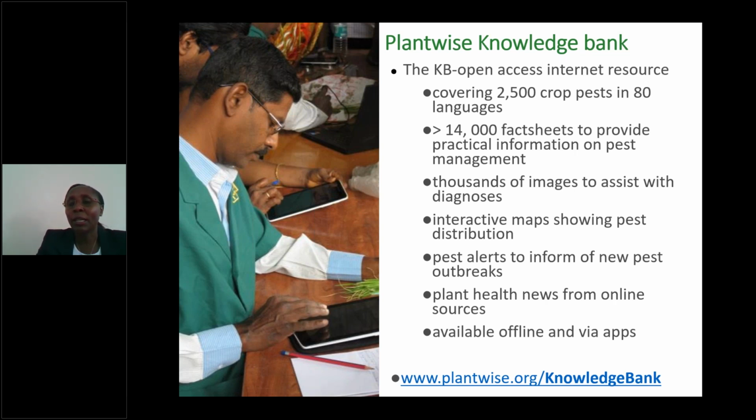We have a lot of reference material. That is the one I was saying the plant doctor at the plant clinic has access to, through tablets or even hard copies, because some of this information on the knowledge bank can be accessed online, offline, or via other apps.